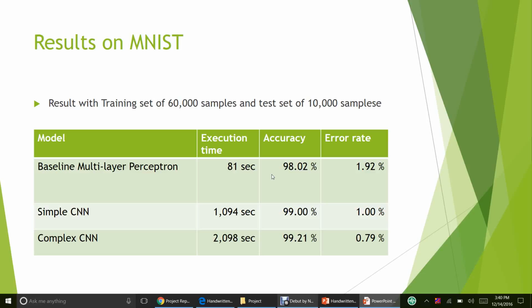And we developed a complex CNN where we used 2 convolution layers and 2 pooling layers, which increased the accuracy, but exponentially increased the execution time. So as you increase the layers in a CNN, you reach higher accuracy, but lose on execution time.